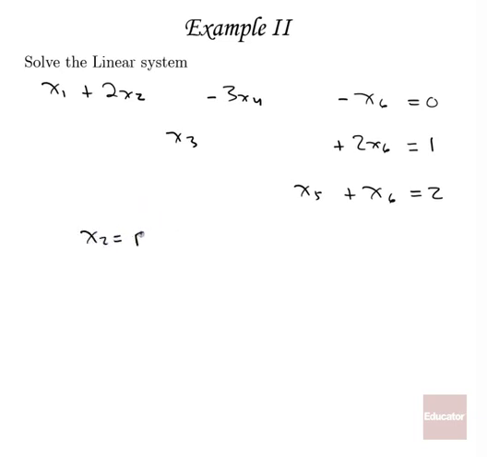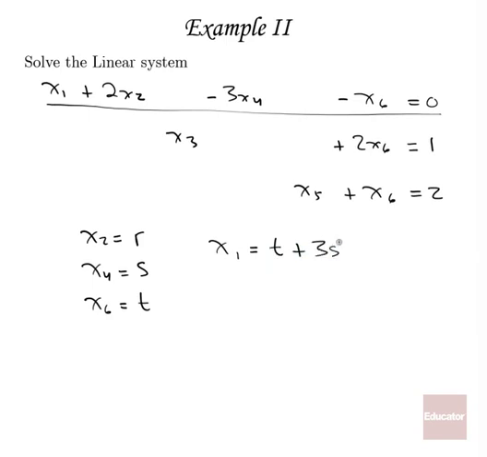x2 is equal to, I'll just say r, could be anything. x4 could be anything, so let's just call it s. And x6, that can equal anything, we'll call it t. Now, x1, just solve that equation. Just move this over there, this over there, this over there, and what you end up with is x1 is equal to t plus 3s minus r. x3, just move this over there.